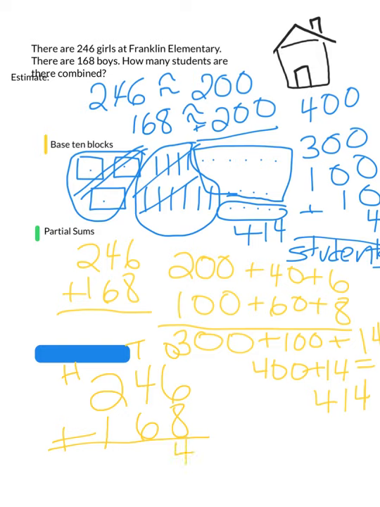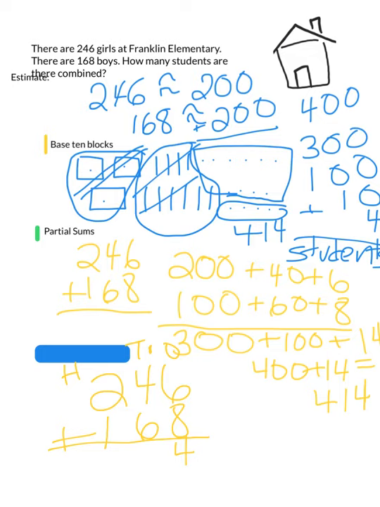But I can only put 4 ones in the ones place because 14 is 1 ten and 4 ones. And so I'll put the 1 up here for 1 ten, since that's the tens place. 1 ten plus 4 tens plus 6 tens is 11 tens, which is also 110.